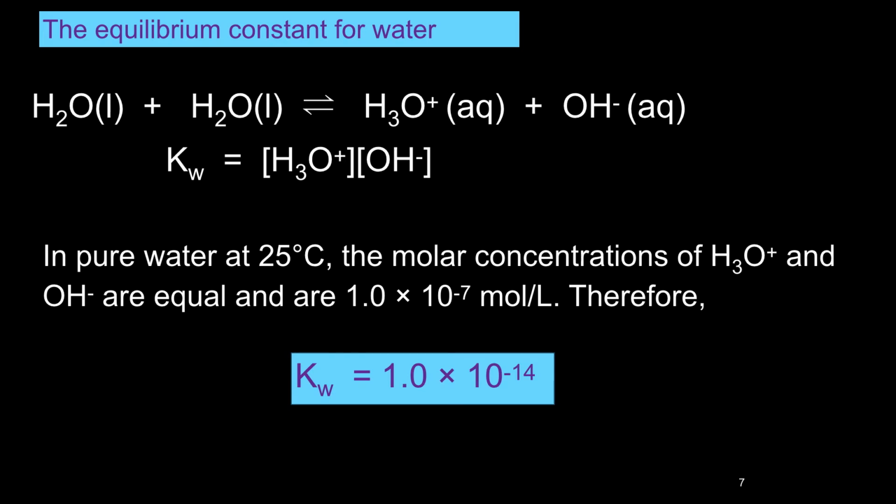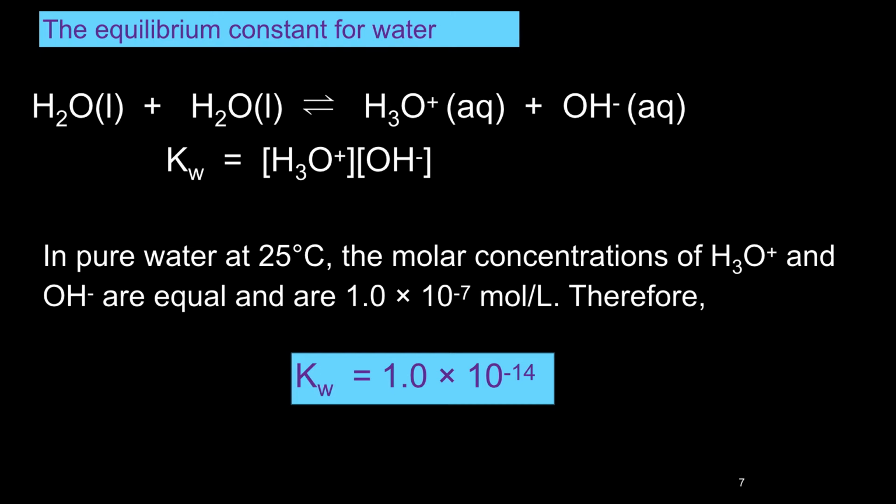Water undergoes an acid-base reaction with itself to form the hydronium ion and hydroxide. If one writes the equilibrium expression for this equilibrium, one gets Kw, the equilibrium constant for water.